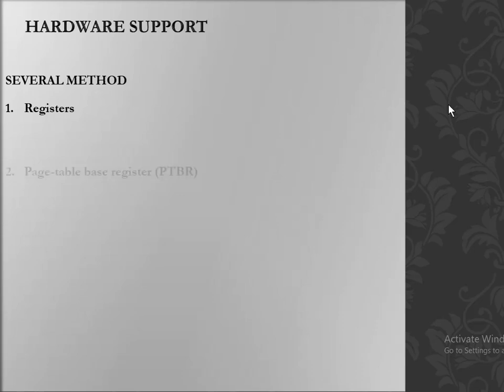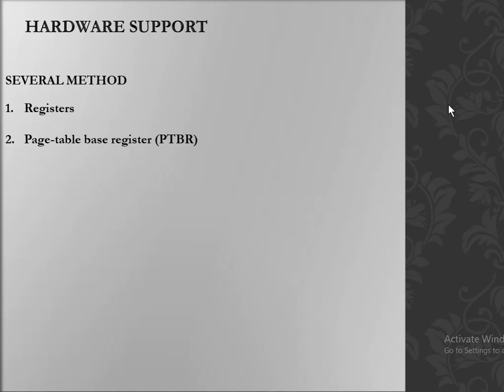So for that reason, we go with a second technique. Here we construct the page table, and that page table will be stored in the main memory. For that page table we use one base register, the page table base register, and it acts like a pointer to that particular page table.